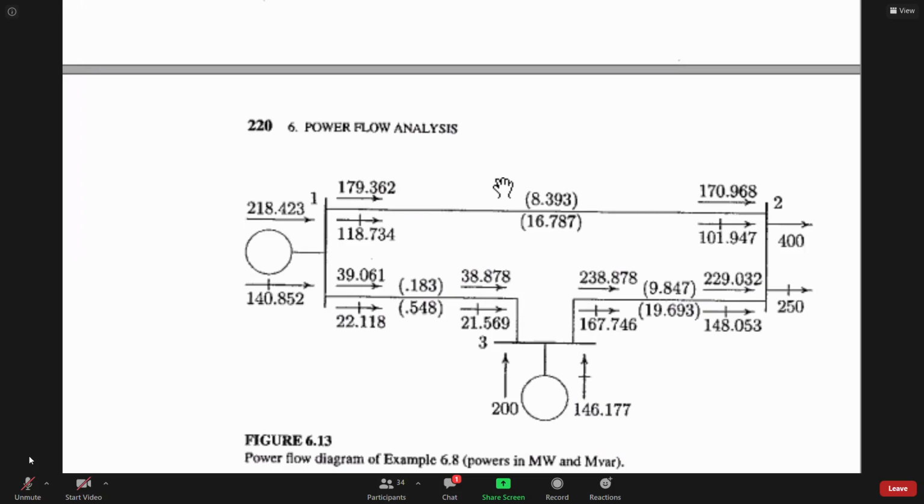So if you have any unbalanced fault in the system, first of all you have to generate the balanced equivalent of the system based on the Fortescue theorem.